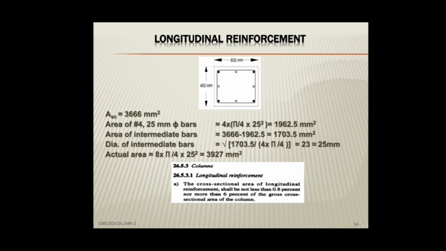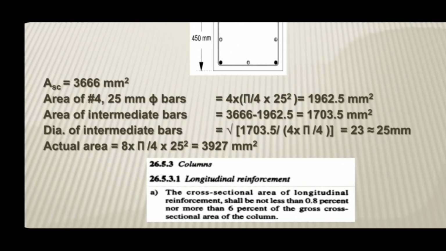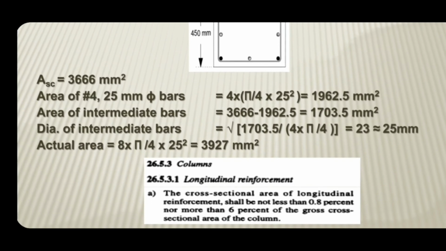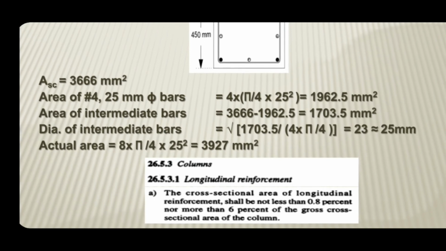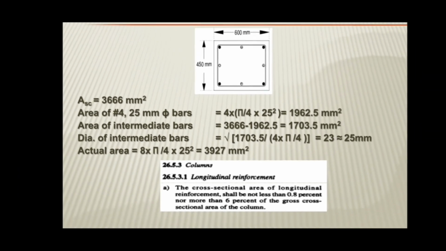We have one more requirement specified by the code, that is the cross-sectional area of longitudinal reinforcement shall not be less than 0.8% nor more than 6% of the cross-sectional area of the column.